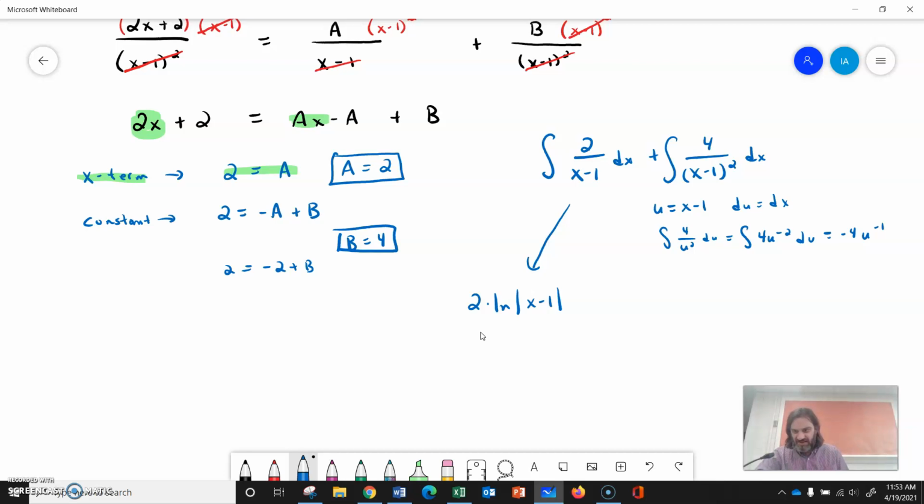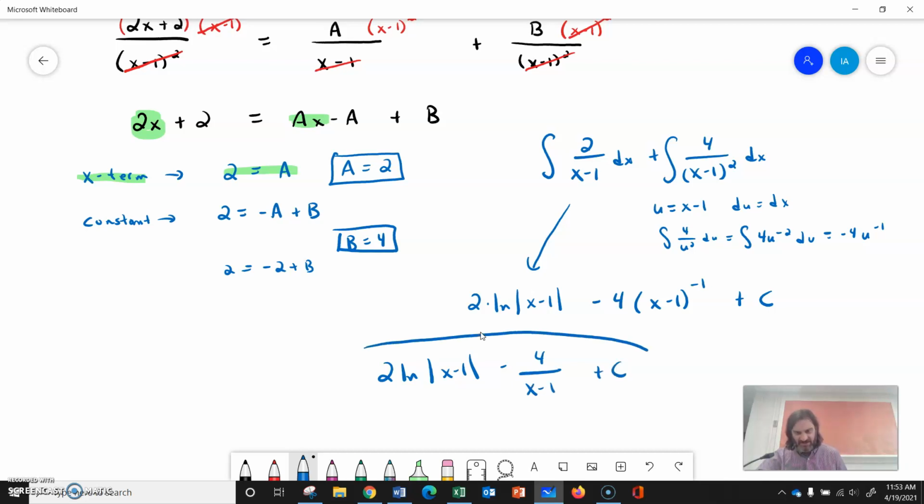If we take that u back to what it was, the x minus 1, we'll have minus 4 times x minus 1 to the negative 1. And don't forget my plus c. So if this all works out, you'll have 2 natural log of x minus 1 minus 4 over x minus 1 plus c. Okay. If you carry it through the integration process, I believe we've got the answer we want.